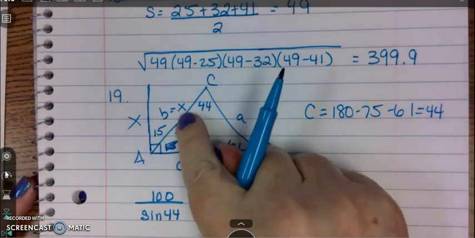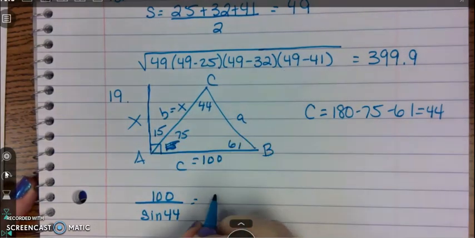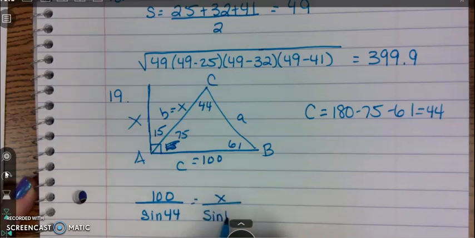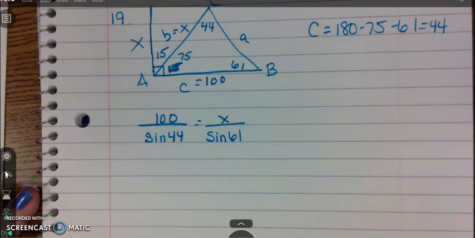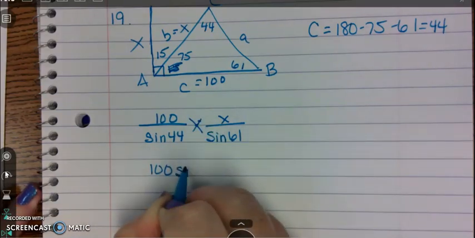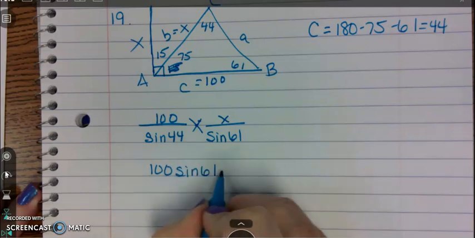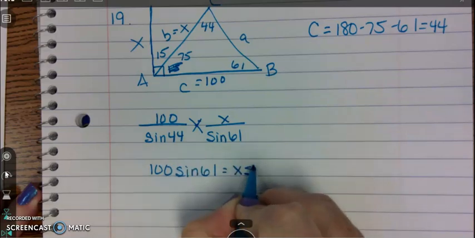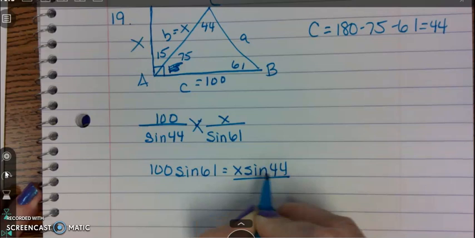Because I want little b, I only need to know x over sine of 61. Cross multiply. So we're going to repeat what we just did. So 100 sine of 61 equals x sine of 44. Divide by sine of 44.